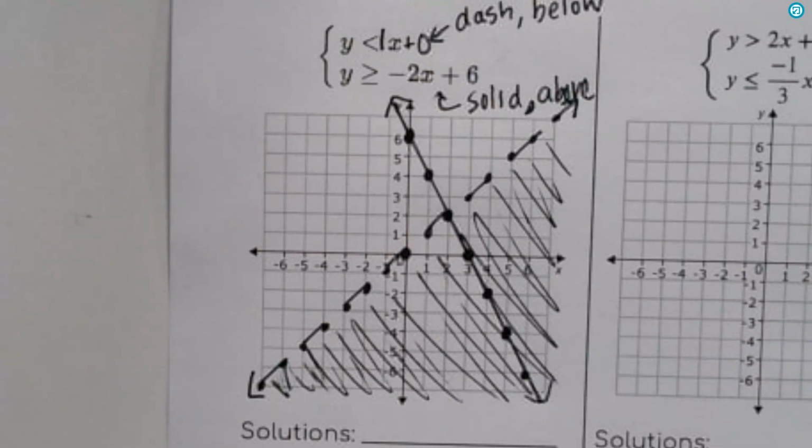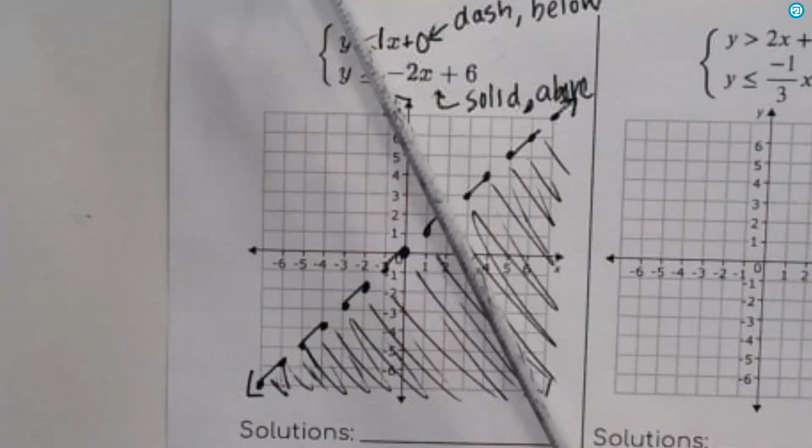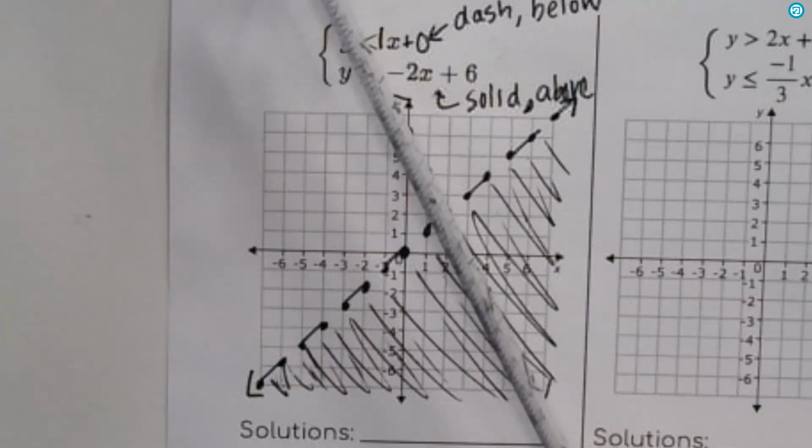So get that graphed, and then look up, please. Okay. So now we need to shade this second one. I'm going to use my ruler. This is where my line was. I need to shade everything above my line, including the part that's already been shaded once.